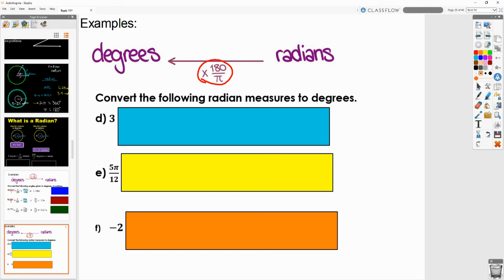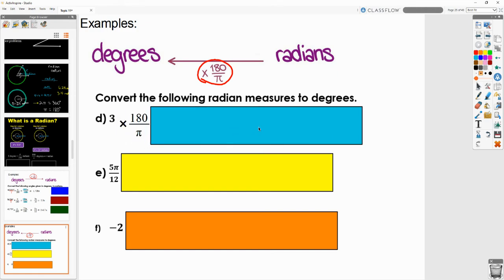Question D is asking, convert from the measurement of 3 radians to how many degrees? How many degrees is equivalent to 3 radians is what it's asking. So we take that 3 and we multiply times 180 over pi. Now when you're going in this direction, we do not leave our answer in terms of pi.